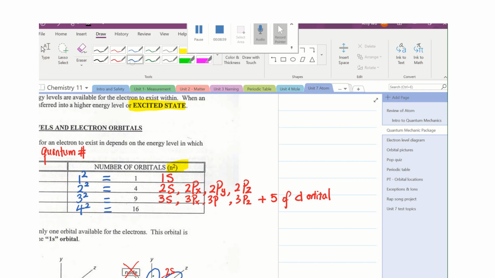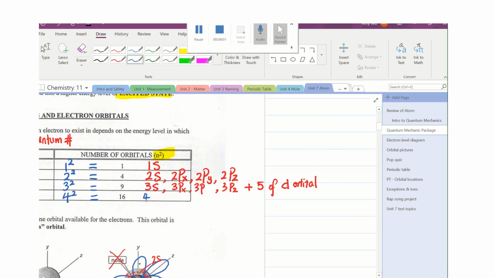So we can do the math quickly here. We have the 4s, and we have the 4px, 4py, and 4pz, plus the 5 d orbitals, and then remember we have the 7 f orbitals.